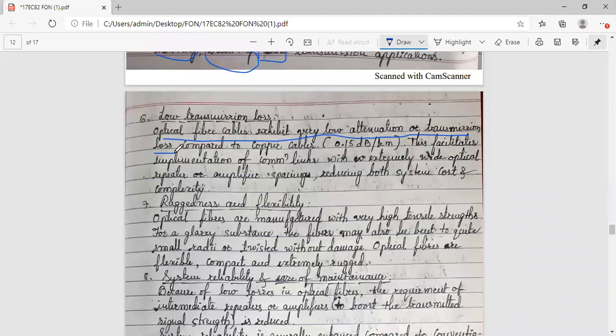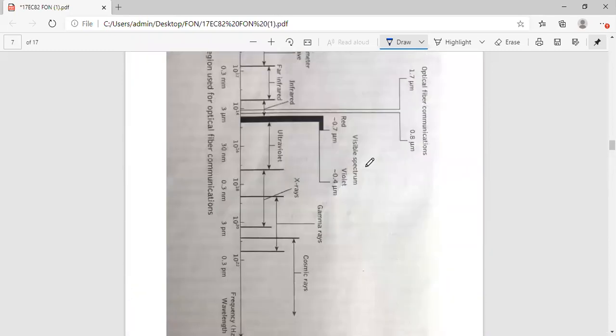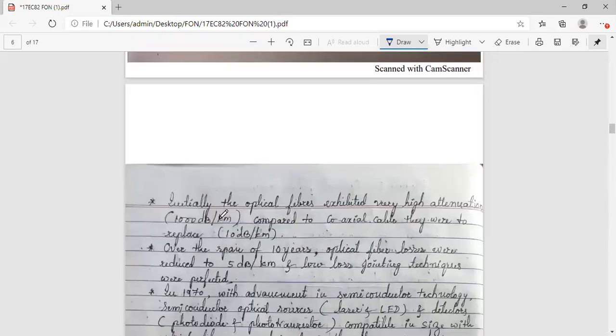Let me just check the coaxial number, I forgot it. Yes, it is 10 dB. For coaxial cable the attenuation loss was 10 dB, but initially optical fibers had 1000. In the span of 10 years there were many improvements, and the losses got reduced to 5 dB per kilometer, which was lesser than coaxial cables.